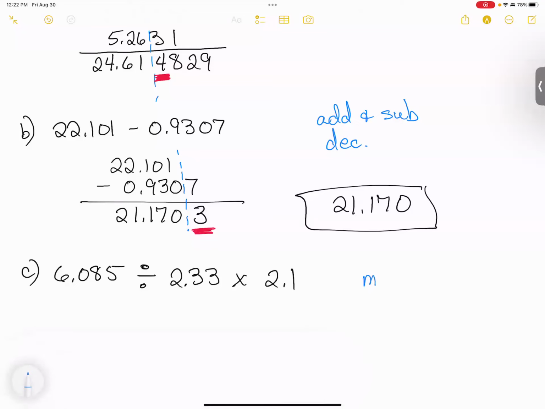This one I notice is multiplication and division, so it's total sig figs that matter. I also notice that this problem has both multiplication and division in it, so I'm going to move from left to right.